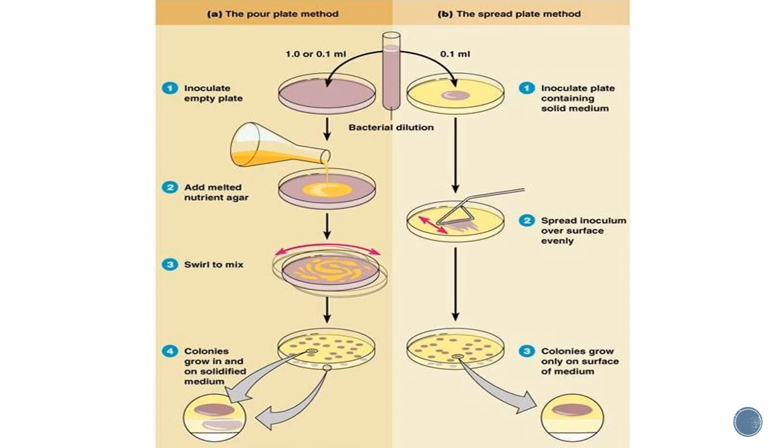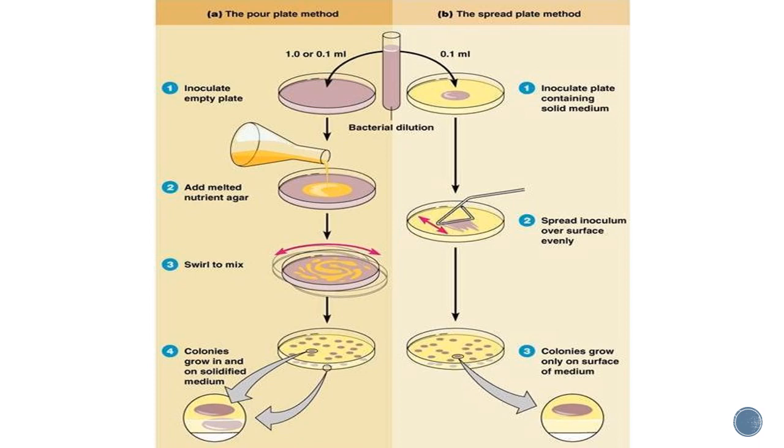Usually when using these methods to determine population size, the sample should yield between 50 to 250 colonies, or else 30 to 300 colonies per plate for accurate counting, because if a plate has more than 250 or 300 colonies, it cannot be counted properly.